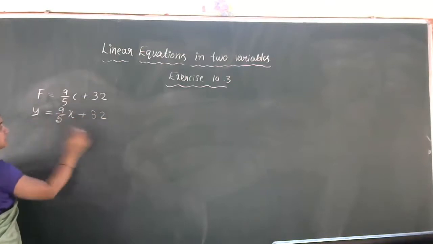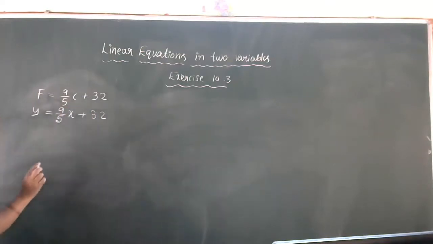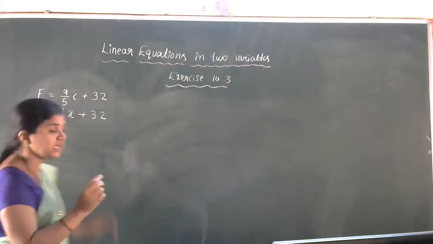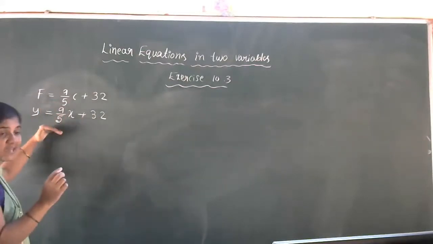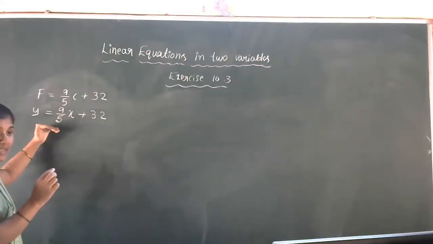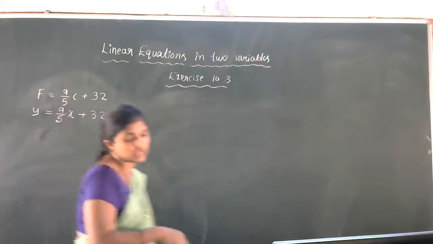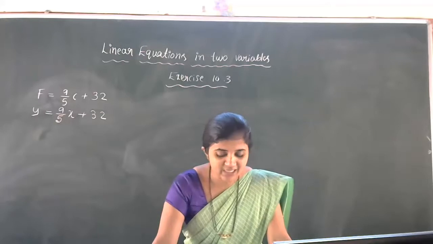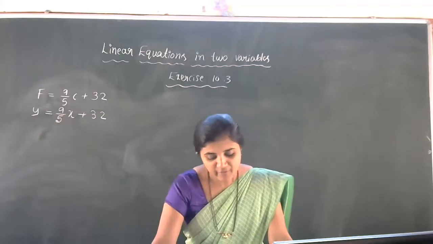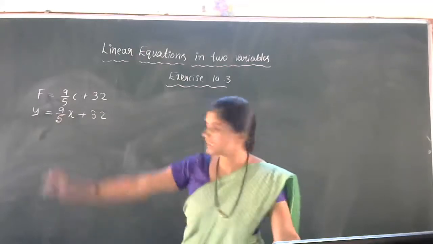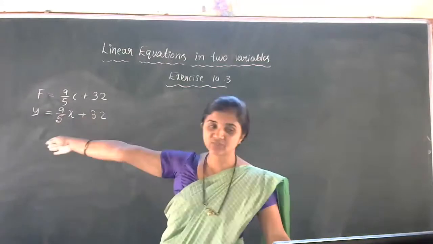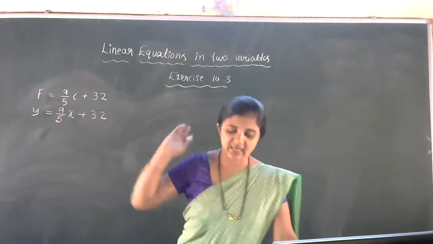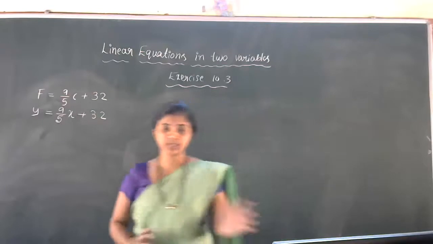Now this expression is converted into a linear equation in two variables. So the first question is, draw the graph of the linear equation above using Celsius for x-axis and Fahrenheit for y-axis. Of course, we took Fahrenheit as y-axis, Celsius as x-axis.